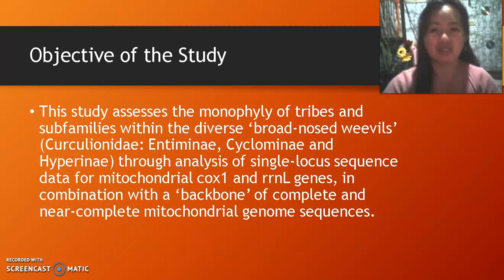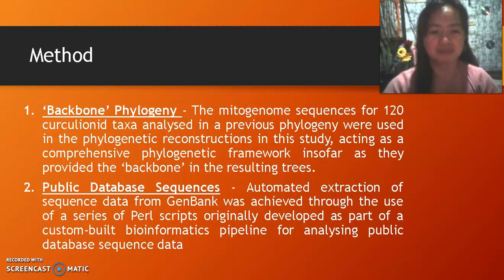For the objective of the study, this study assesses the monophyly of tribes and subfamilies within diverse broad-nosed weevils through analysis of single locus sequence data for mitochondrial COX1 and rRNL genes in combination with a backbone of complete and near-complete mitochondrial genome sequences.